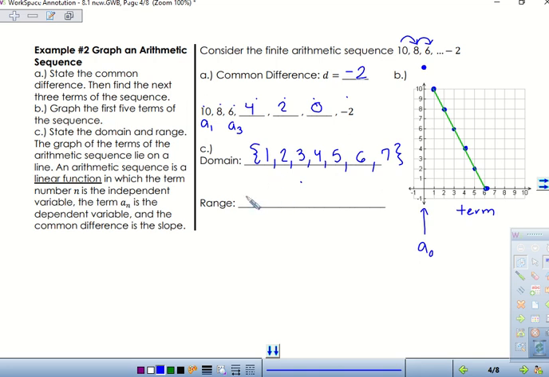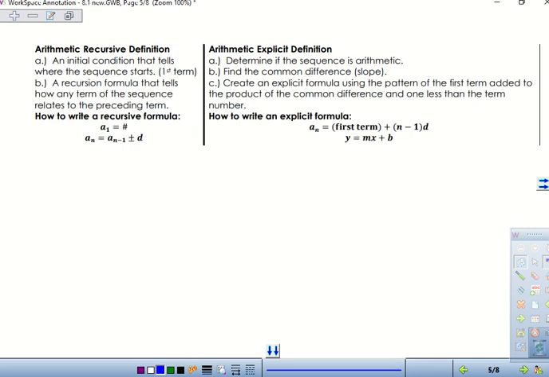Our range is going to be what those terms actually are. Okay. So the main idea for us to do this is to show you that arithmetic sequences, though different than linear equations, can be represented and modeled by linear equations. Does that make sense? Okay, cool.